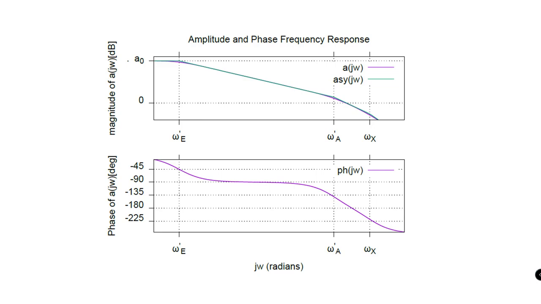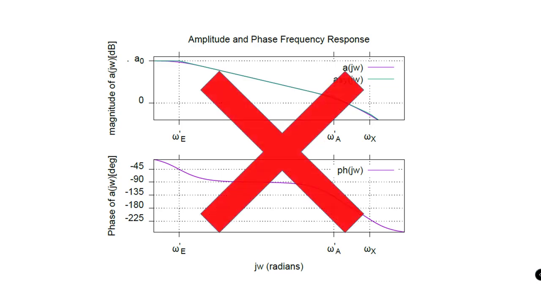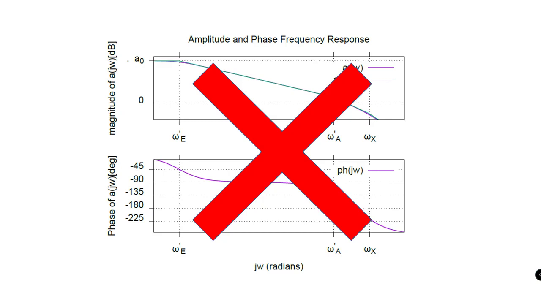But there is a caution to this statement. I don't want you to take my current statement for granted, as I would disprove this particular statement while we discuss the zero. Also note that this frequency response is not a correct one.